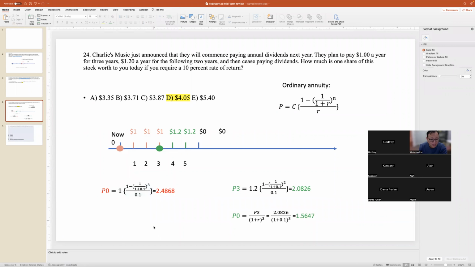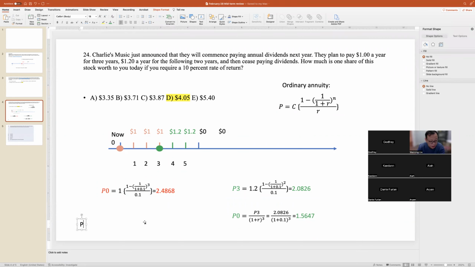Okay, so now I know the two streams' present value. To calculate the total present value, P equals P0 red plus P0 green. So this has to be red, and this one equals green.